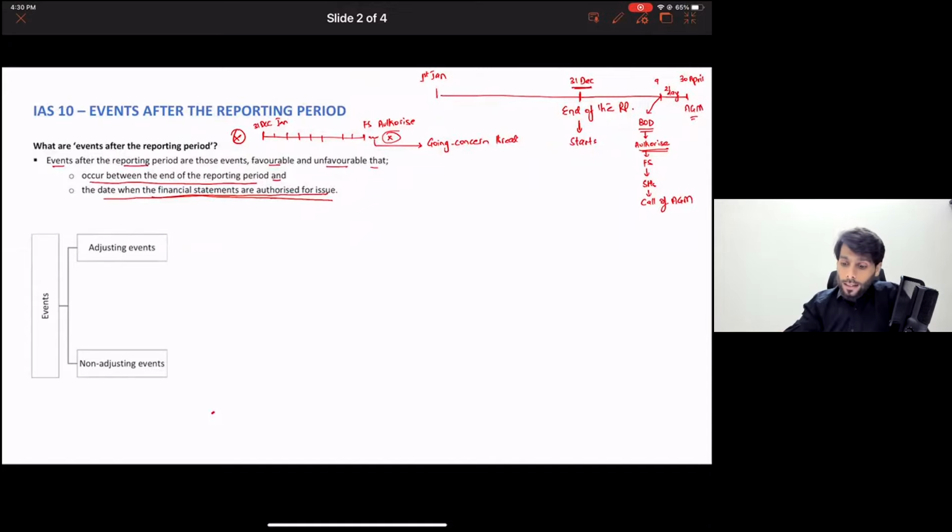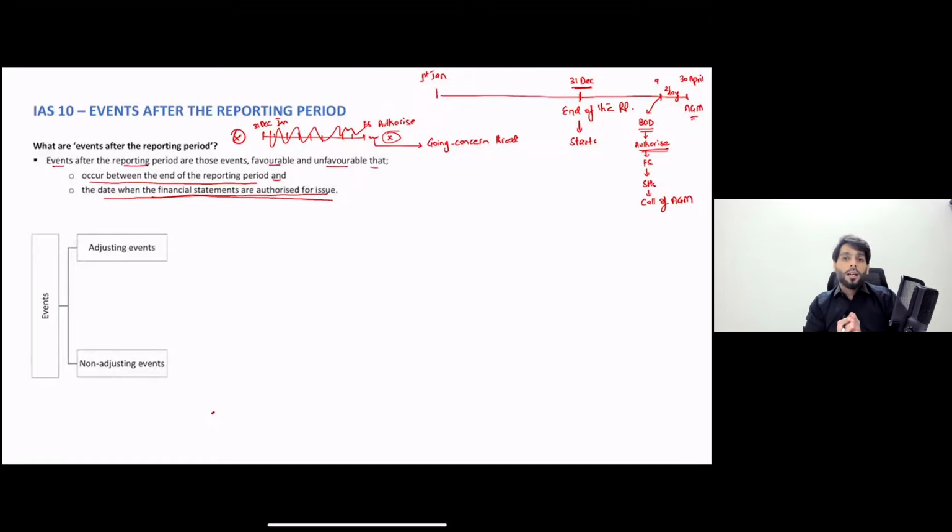So all transactions that happen during this period will be called either adjusting events or non-adjusting events. Adjusting events mean that we will adjust these events in the current financial period. Non-adjusting events mean we will not adjust these events in the current financial period.